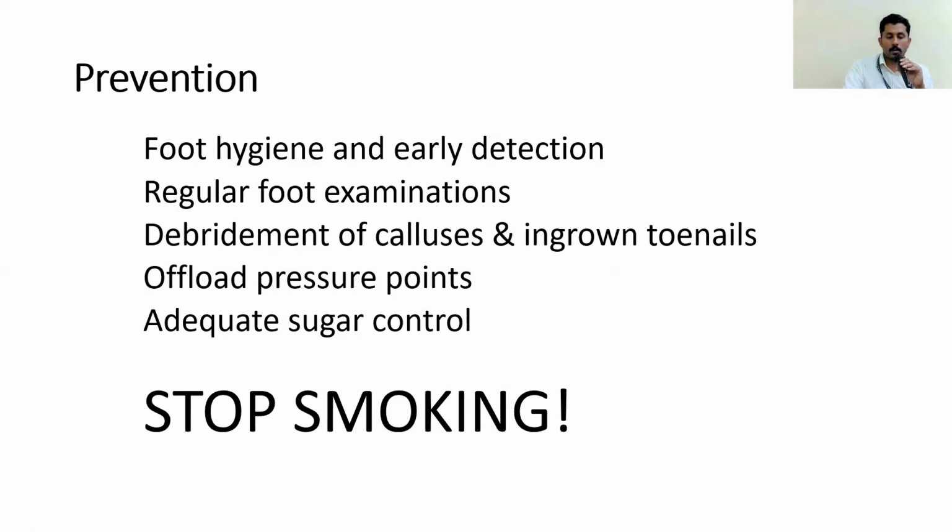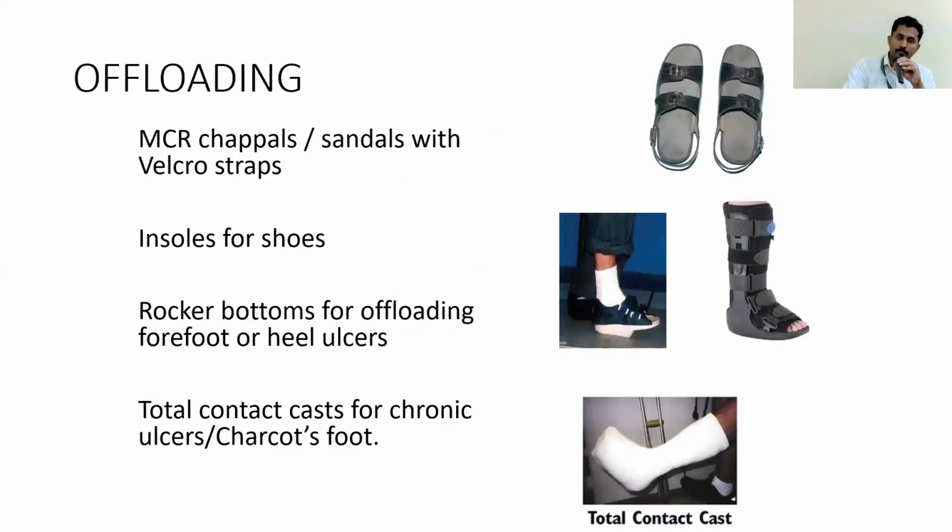Coming to the prevention of peripheral arterial occlusive disease and diabetic foot ulcer, we should give more importance to foot hygiene and early detection of the underlying disease. Regular foot examination, debridement of callosity and ingrown toenails, which we discussed already, offloading the pressure points, and adequate sugar control. The most important thing is, if the patient is a smoker, the patient should stop smoking.